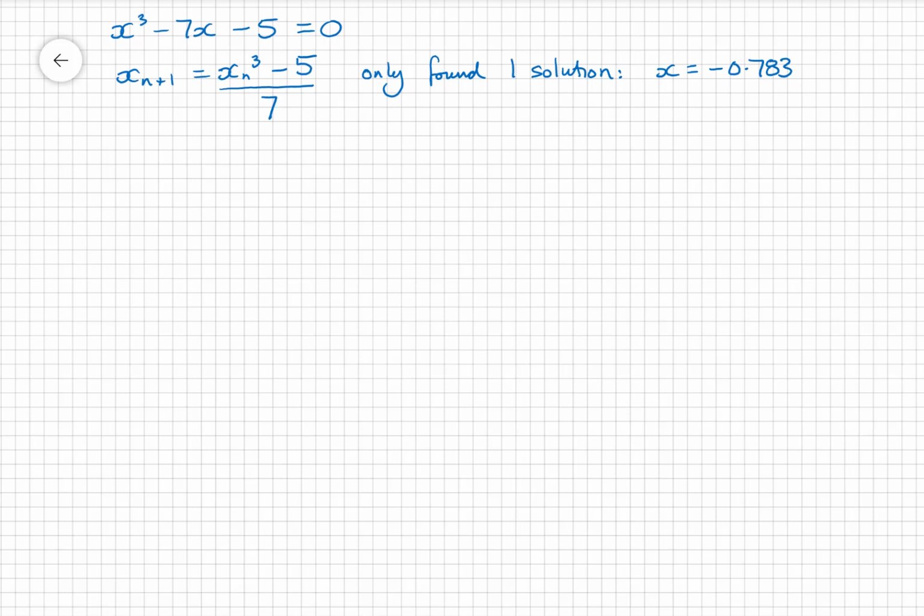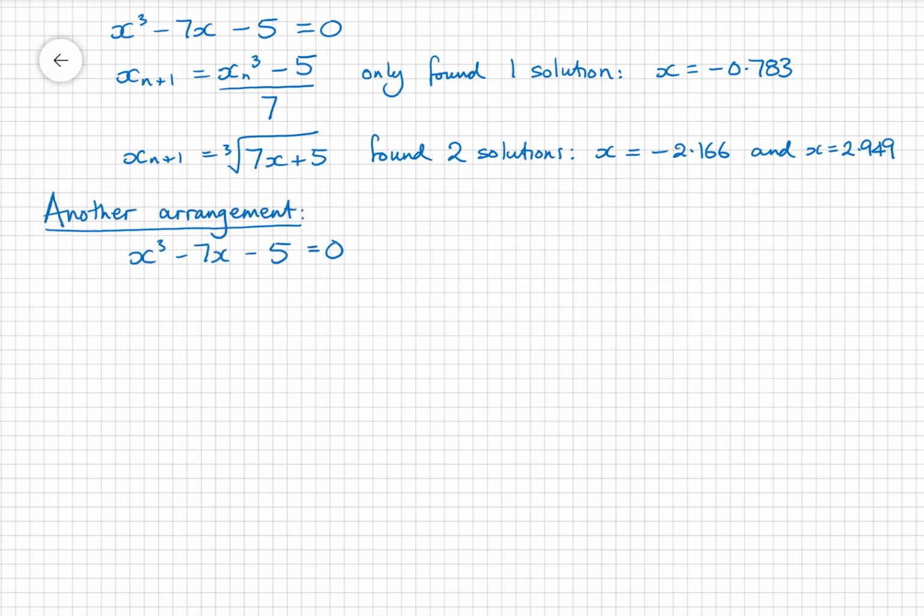We tried an alternative arrangement, x_(n+1) is equal to the cube root of 7x_n plus 5, and that found the other two solutions, minus 2.166 and 2.949. So as far as that goes, we've used the fixed point iteration method to find all of these solutions of that particular equation.